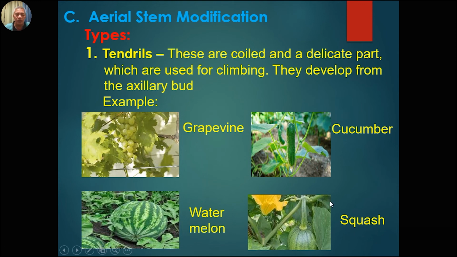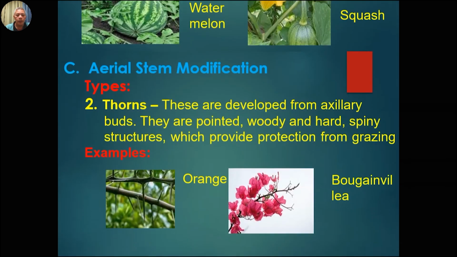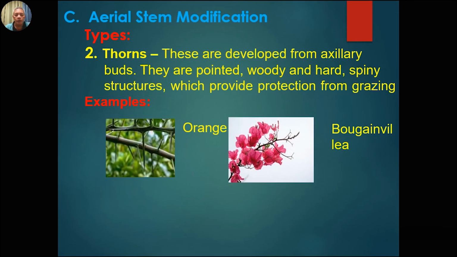And there are many other plants with tendrils. Next type is thorns. They are developed from axillary buds. They are pointed, woody, and hard, spiny structures which provide protection from grazing. The examples are orange or calamansi, and bougainvillea, which is very much common.